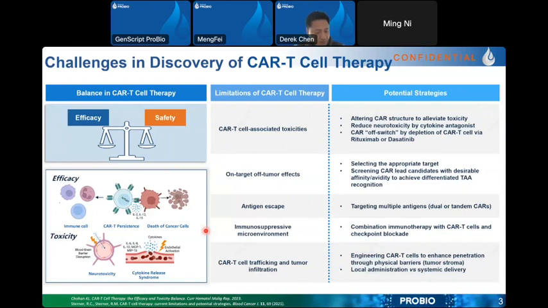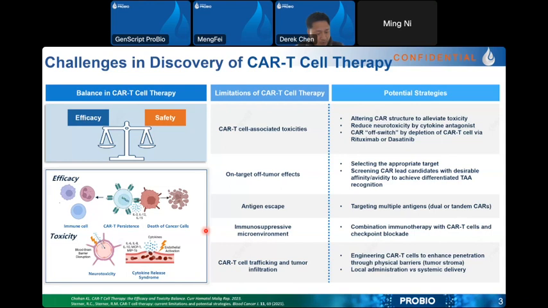Currently, CAR T cell therapy is approved for the treatment of B-cell relapse or refractory leukemia, lymphoma, and multiple myeloma. It has led to excellent response rates depending on the patient population and therapy. Despite promising efficacy, CAR T cell therapies are associated with significant side effects.